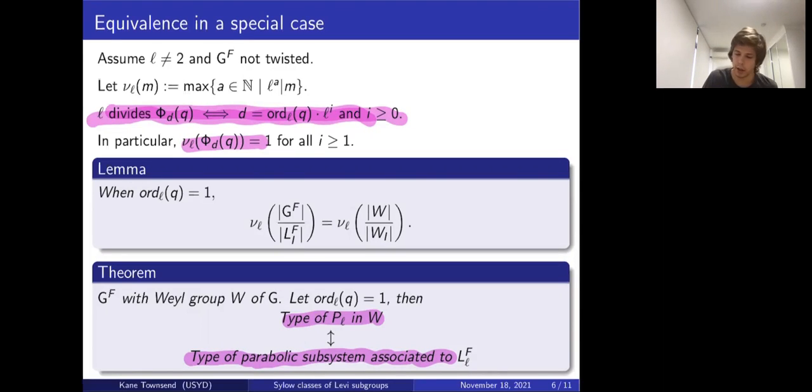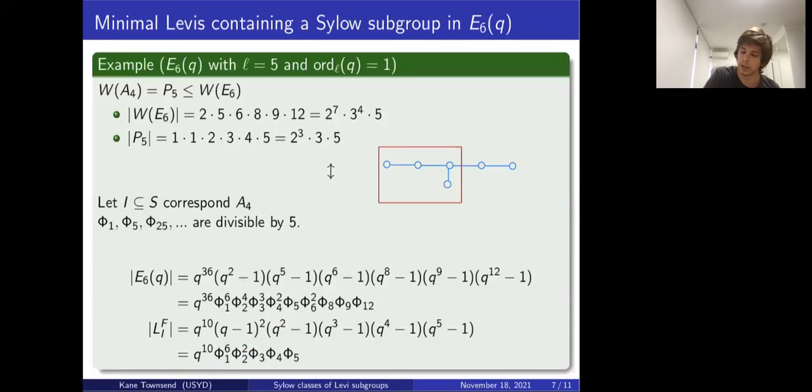So just a quick example of what this might look like in our E6 and l equals 5 example is, so we have our A4 and we take the products of degrees to find the orders of these groups, and we see that 5 divides once. So our Sylow subgroup is just the cyclic group of order 5.